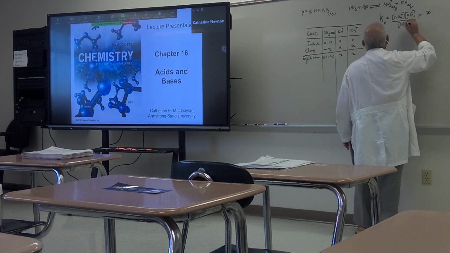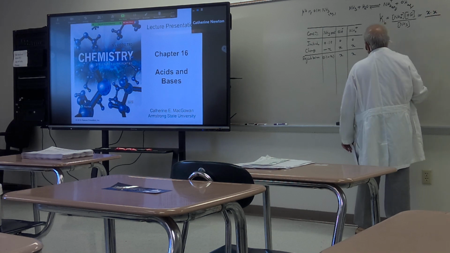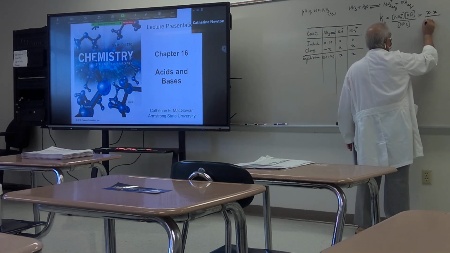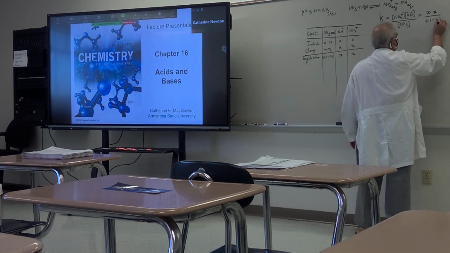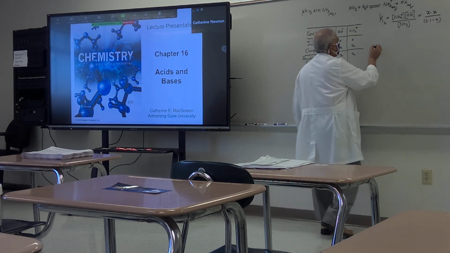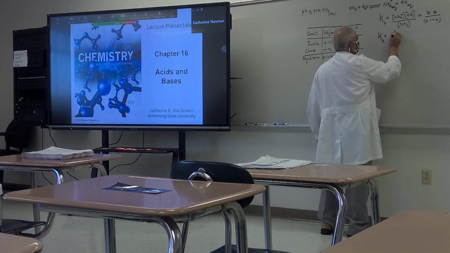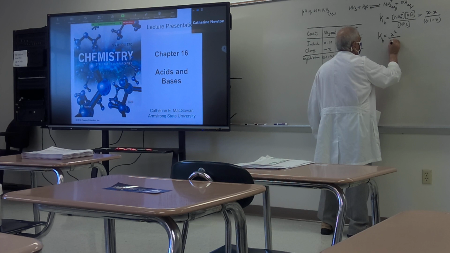It is x. What is the concentration of OH minus? That is also x. What is the concentration of ammonia at equilibrium? 0.1 minus x. So Kb equals x squared over 0.1 minus x.